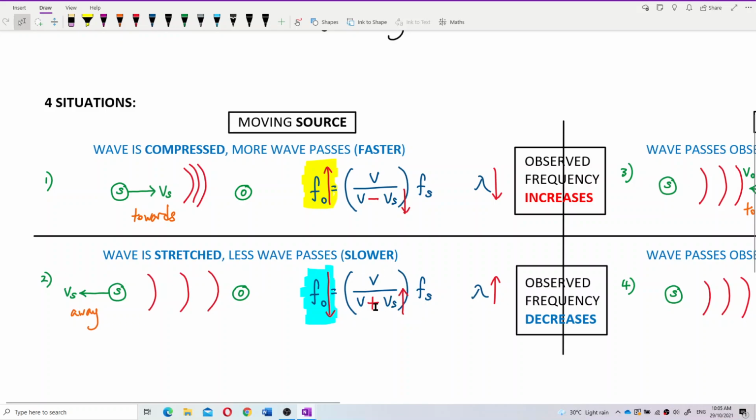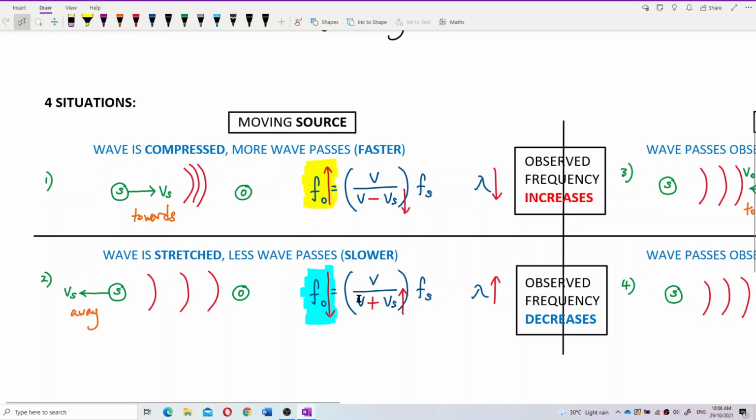So what sign to put here for Vs, positive or negative? Our reasoning is that the observed frequency should decrease. So to decrease the observed frequency, the value below here needs to increase, because the value divided by a bigger value becomes a smaller value. Understand?